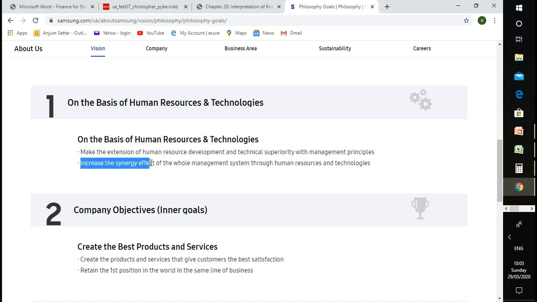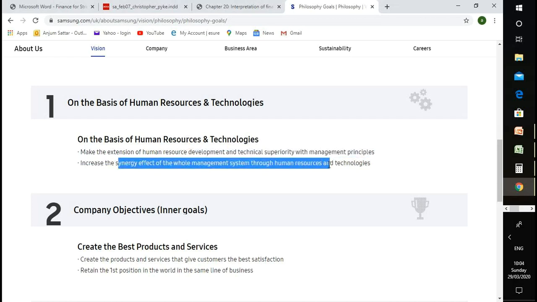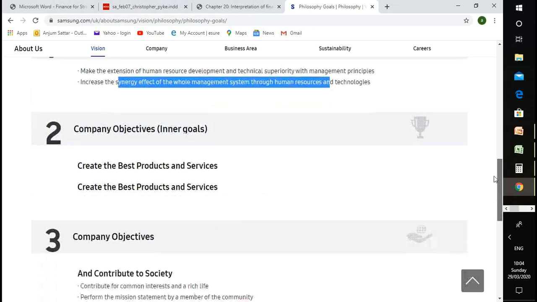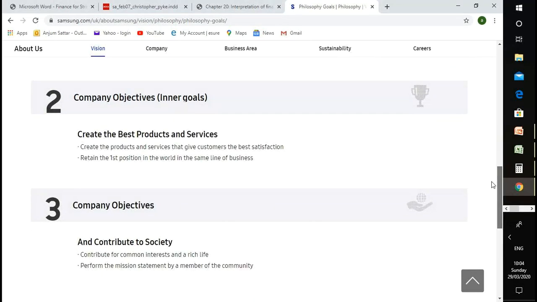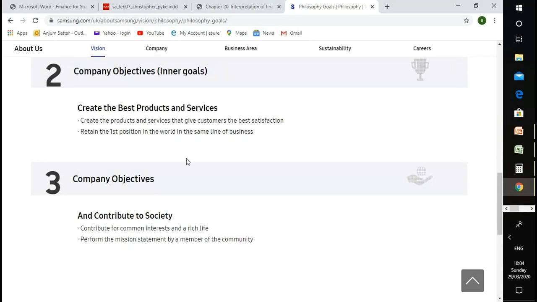Increase synergy. Do we know synergy? Yeah, working together, excellent. So they want synergy, and we can look around at the strategy they have, whether they are achieving those. The company objective: contribute to society.